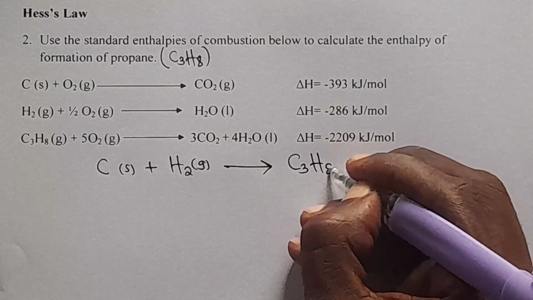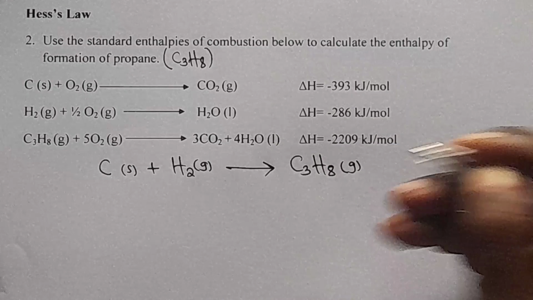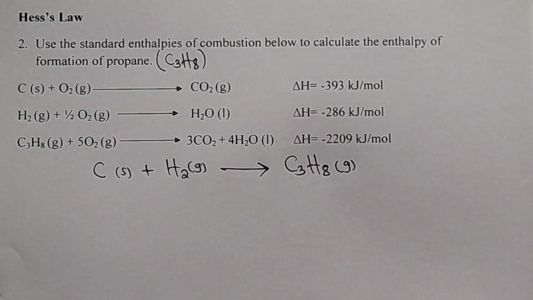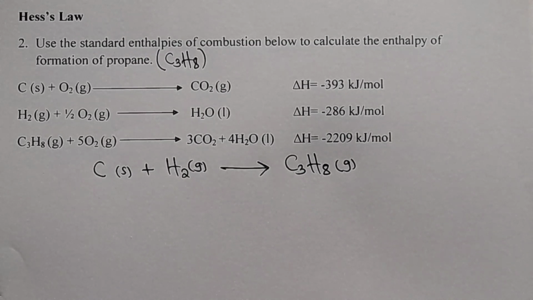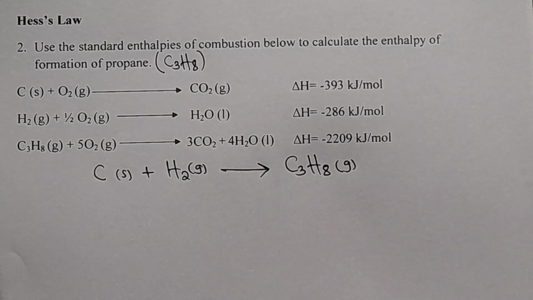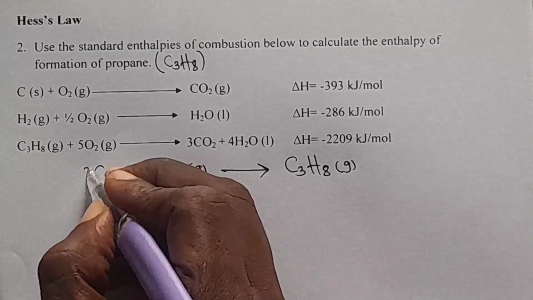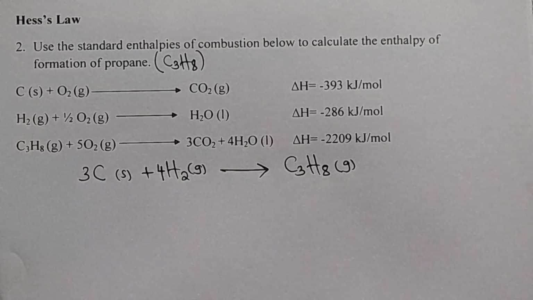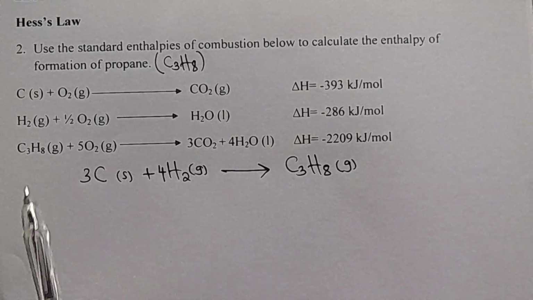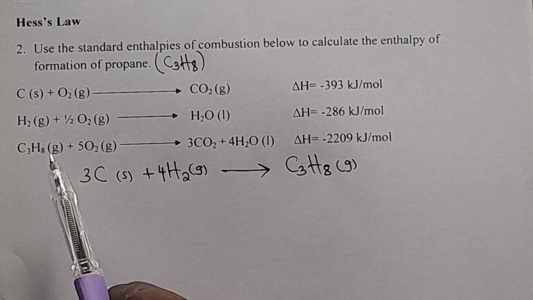Okay, learners, we are going to do the energy cycle first of all, then we are going to use that energy cycle to calculate the enthalpy of formation of propane. So let's balance this equation. We are going to put 3 on the side of carbon and 4 on the side of hydrogen to balance the equation. Okay, next, let's check. We have the thermochemical equations given.